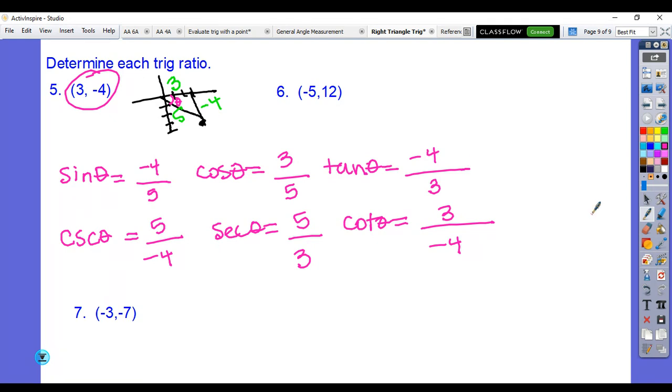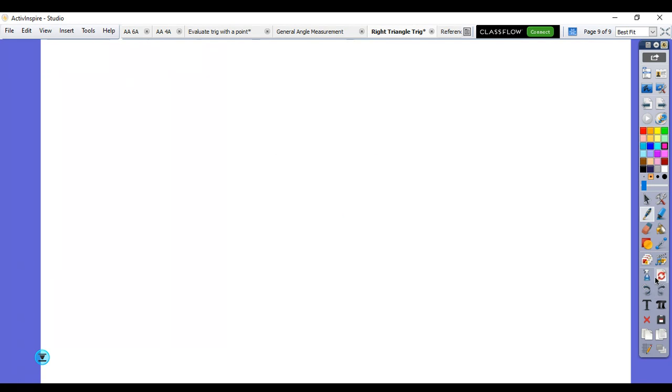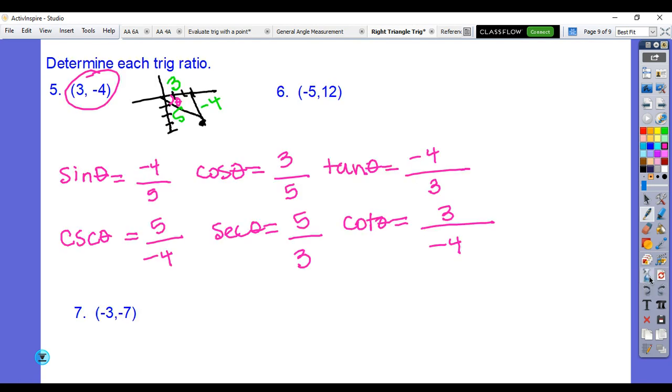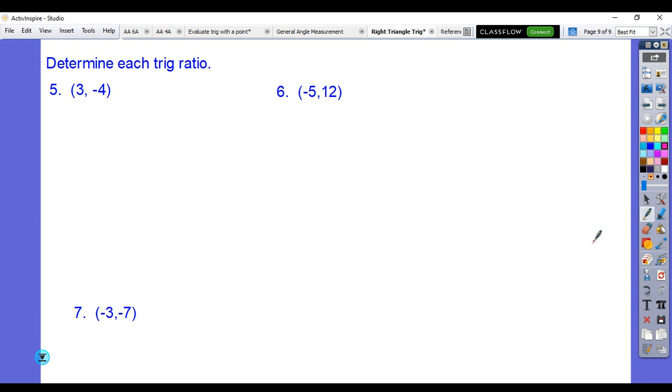All right. So let's just do one more. Let's just do this one. I think that will give you enough information. So when I graph -5, 12, I'm just going to kind of come up here and call this 12.